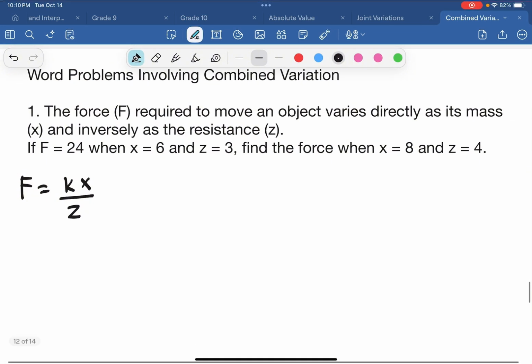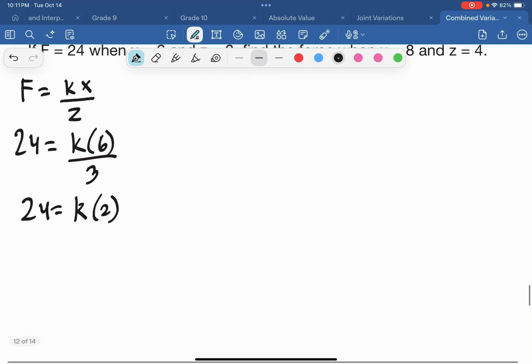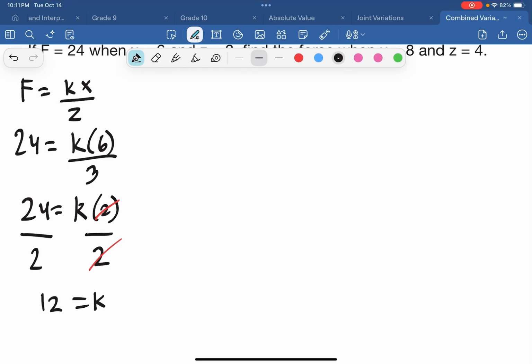Now F is 24 is equal to k and 6, z is 3. So again, you could just simplify this part. Now 24 is equal to k and 6 divided by 3 is 2, and divide both sides by 2. So cancel. So k is 12.